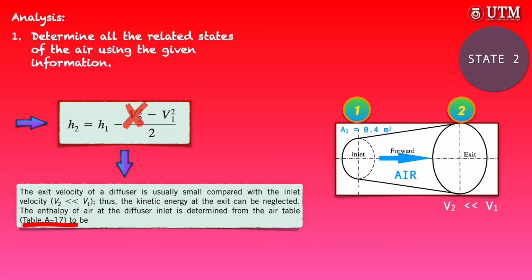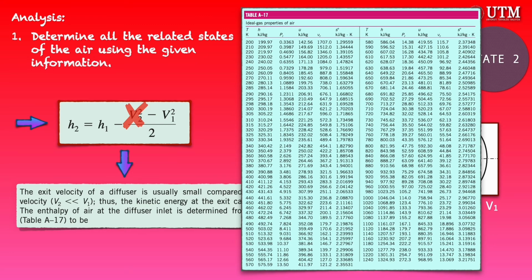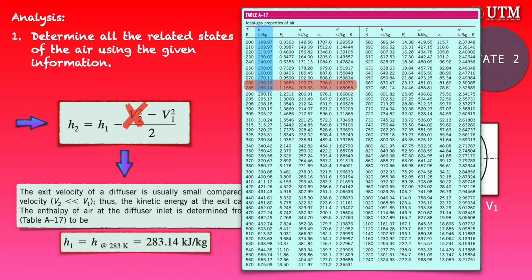Based on this table, the corresponding enthalpy of air at the diffuser inlet at 10 degrees Celsius or 283 kelvins is between a temperature of 280 and 285 kelvins. By performing the interpolation technique as described in the previous video, enthalpy at state 1 is 283.14 kJ per kilogram.